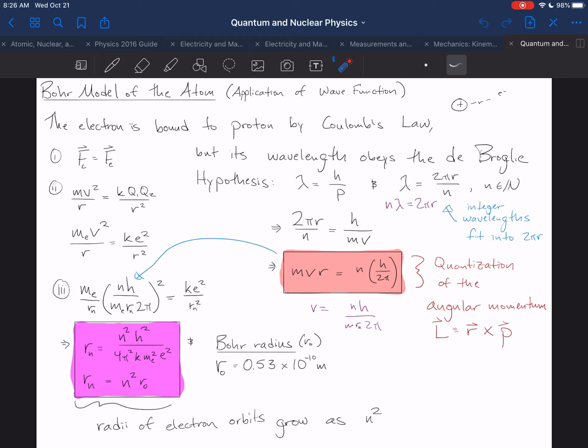Then we rearrange a little bit. Okay, so we take mv times r and multiply by n on both sides, divide by 2 pi, and that gives us this relationship right here, which is a stop along the way, and actually an incredibly important one for the IB.